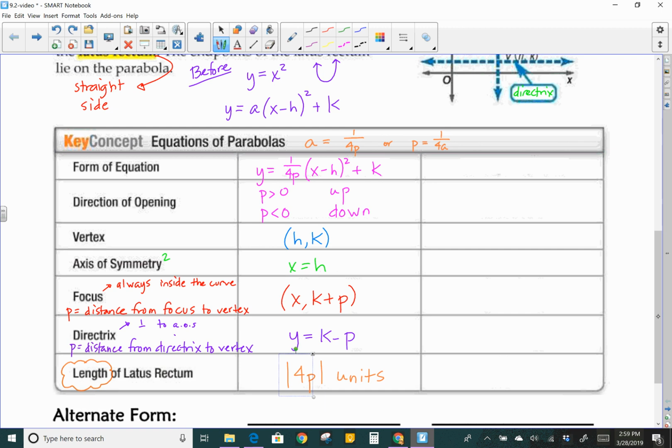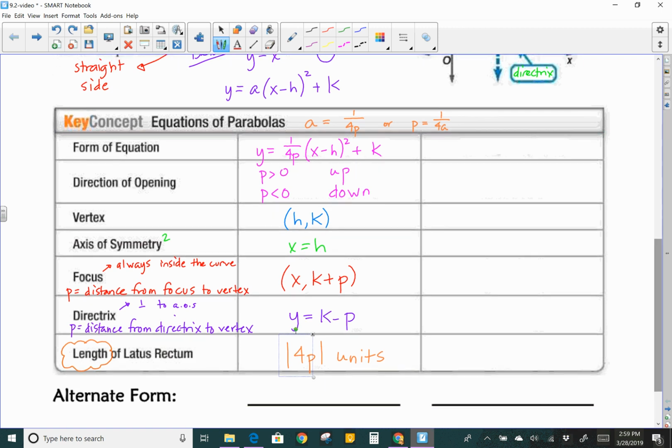Okay? Now, an alternate form that you're going to see, you might see it a lot next year, so I kind of want to show it to you and tell you that either one of these forms is acceptable. And that is to basically have that squared one all by itself. So if I move the k over, that would be y minus k, and then the 4p over, that equals x minus h quantity squared.